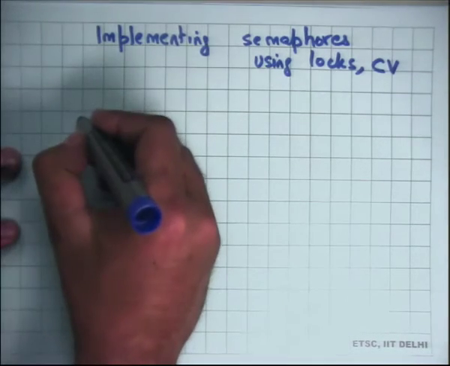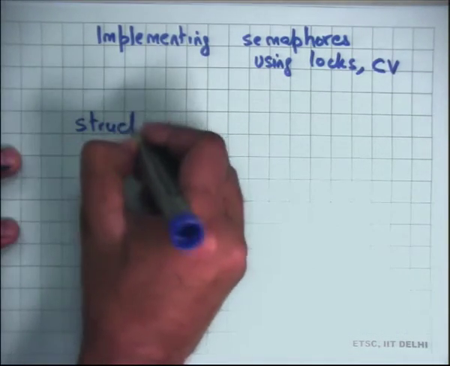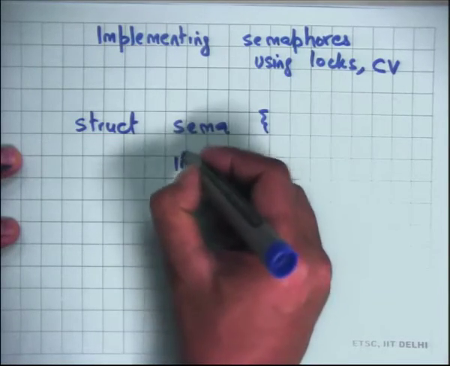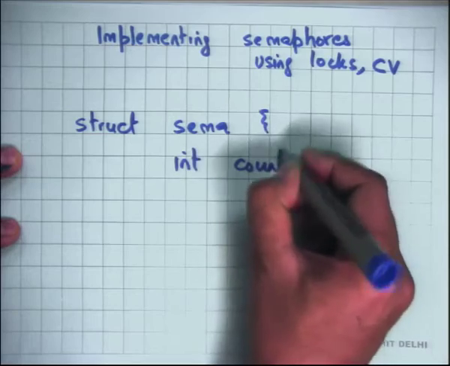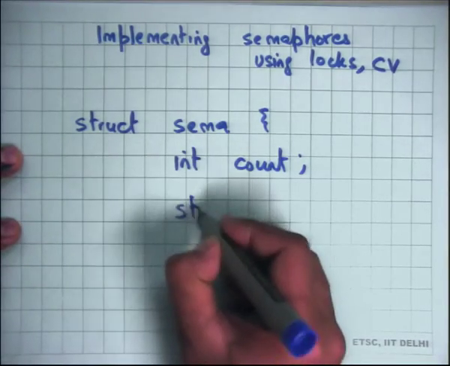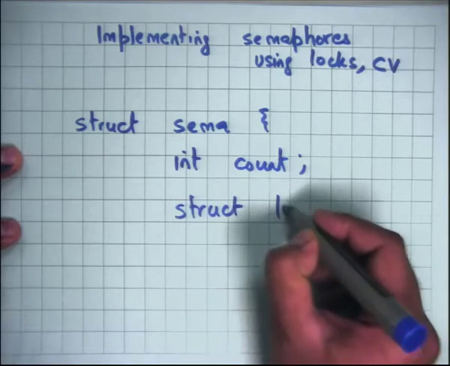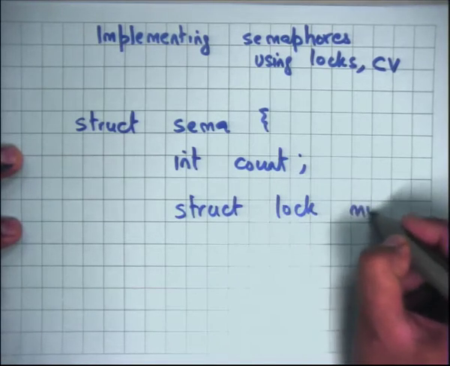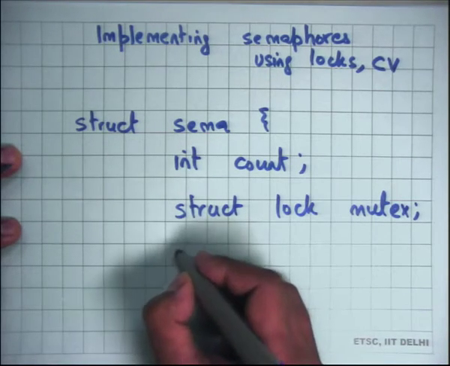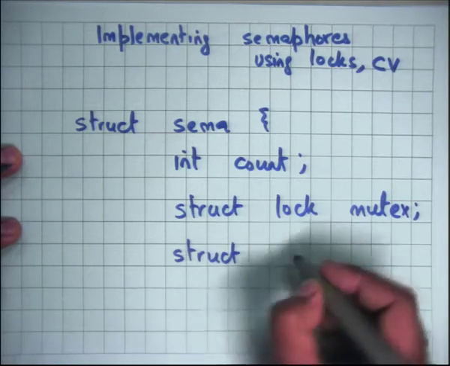Let us say struct sema has one field which is the count, an integer field, an associated mutex lock, and an associated condition variable.